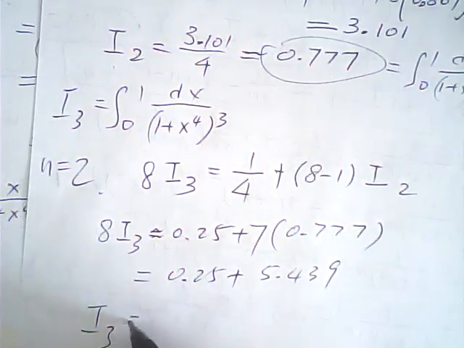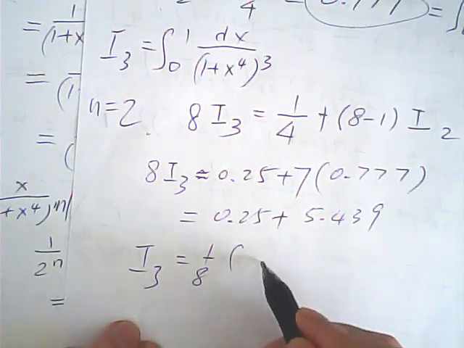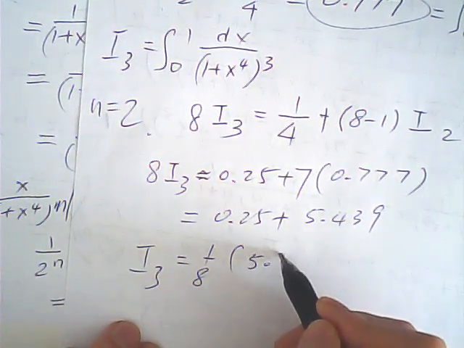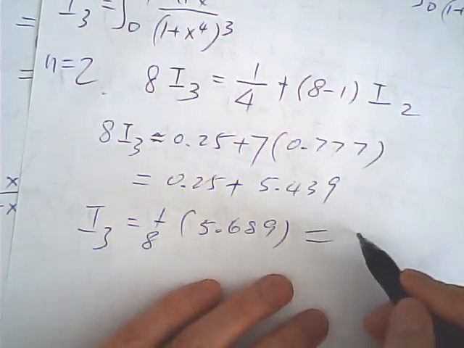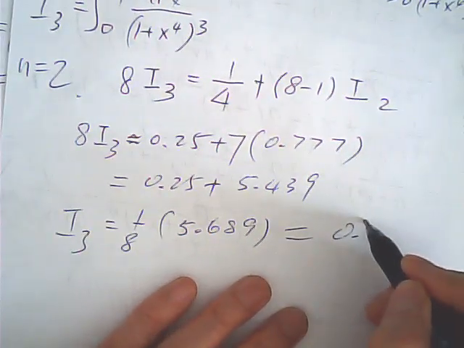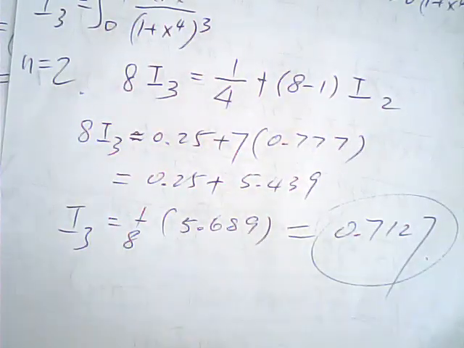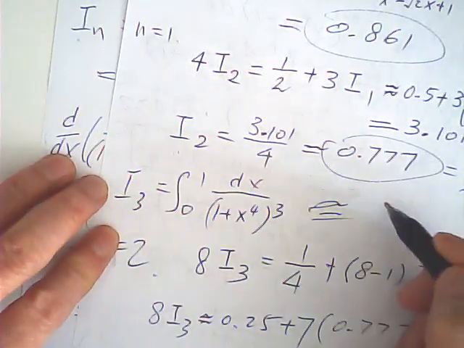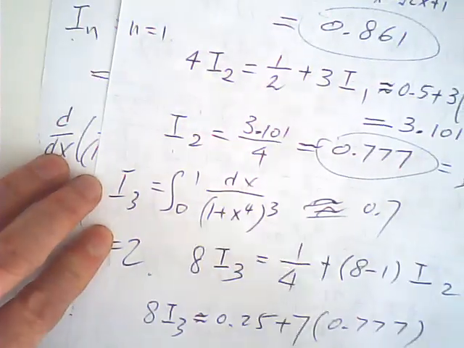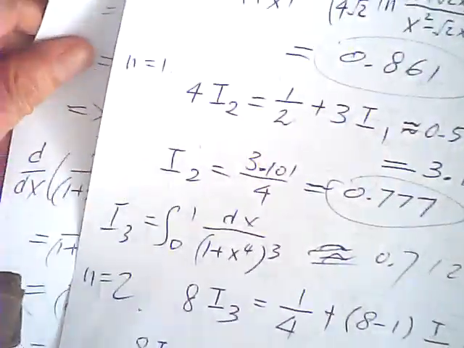So I3 could be found, right? Yeah, it's 5.689. Well, the calculation is less significant. The reduction formula is more important. So this one is approximately equal to 0.7127. It's very nice.